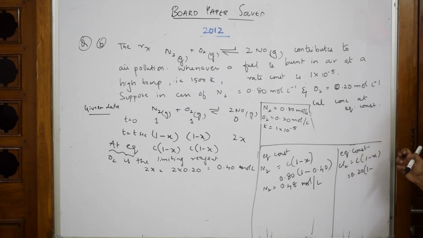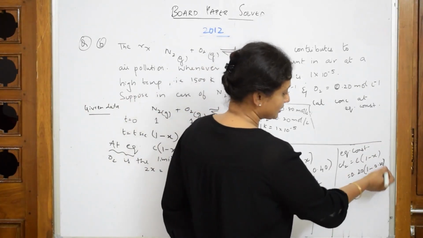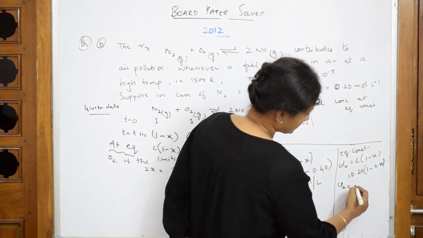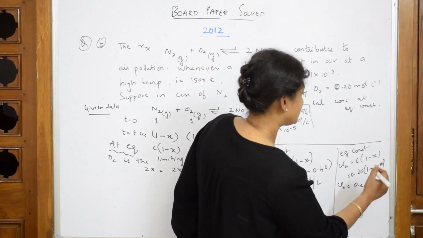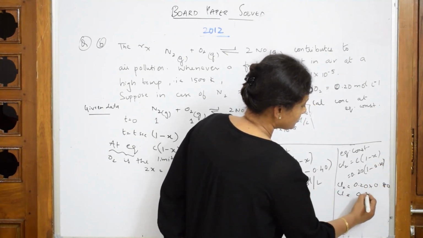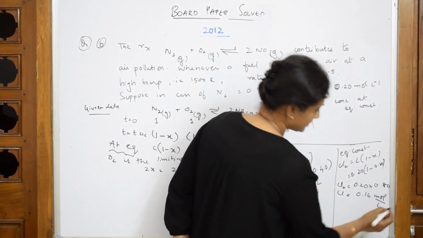The leftover is 0.2. When I try to solve this, I get 0.2 into 0.80, so I get an answer of 0.16 mole per liter.